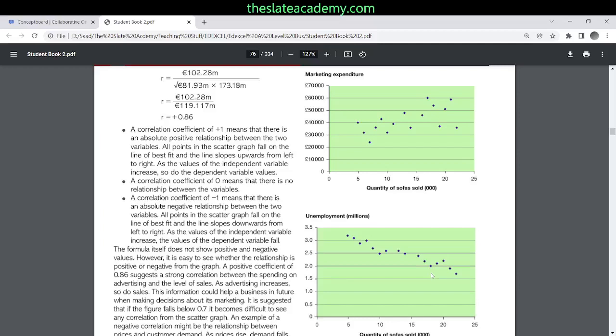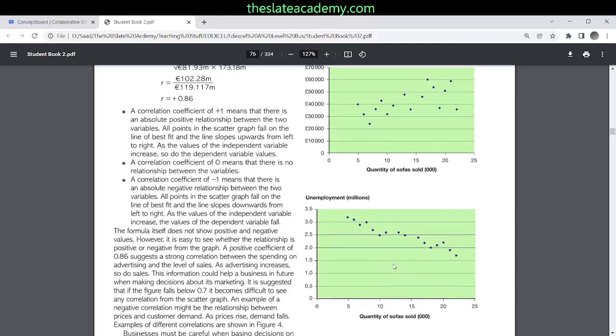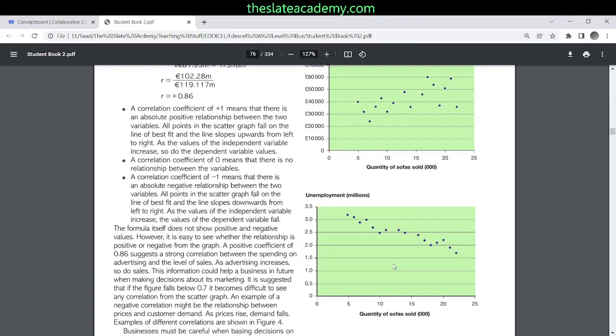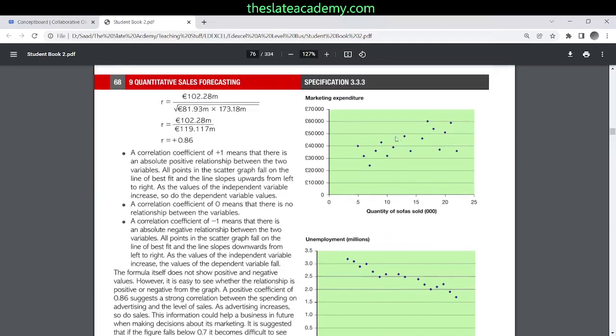The trend line is easier to plot over here. So there is a stronger correlation between unemployment and quantities of sofas sold. Unemployment decreases, quantities of sofas sold increases. How? People are now employed, they have got more money to buy sofas. And here, the marketing expenditure and quantities of sofas: if they increase the marketing expenditure, yes, the quantity of sofas sold increases, but not that much.